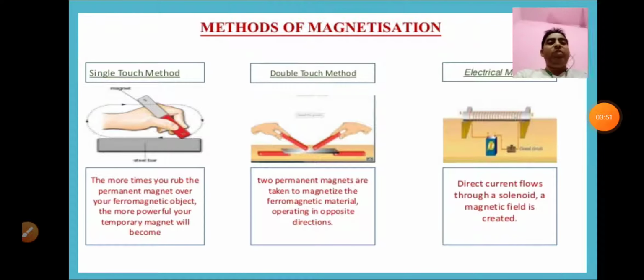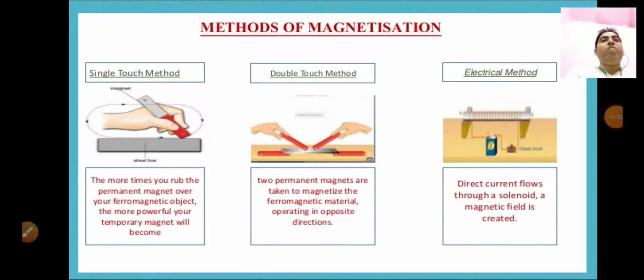Now we are moving towards the methods of magnetism. What methods do we apply to make a substance magnetized?